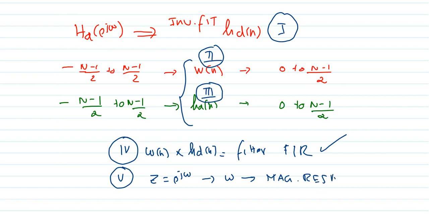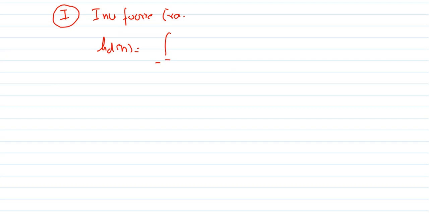Now the first step is the inverse Fourier transform. So step 1, we have to calculate the inverse Fourier transform. HD of n is equal to, the formula is, 1 by 2 pi integral from minus pi to pi of HD of e power j omega, e power j omega n d omega.